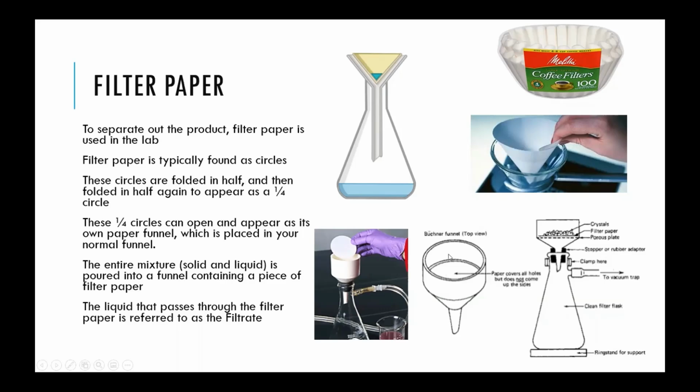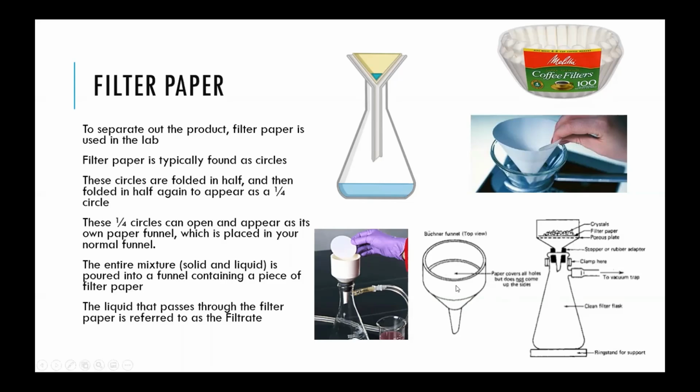The other option is vacuum filtration. If you move on to organic chemistry, when you're creating solid products in the lab, you would be using this type of filtration setup to isolate them.